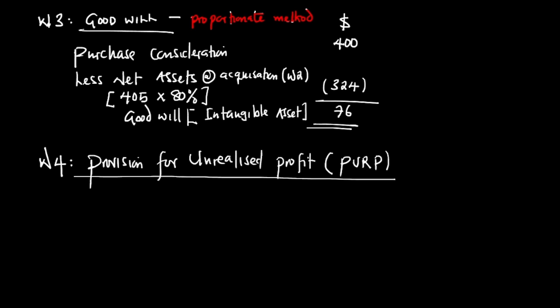But if you are told that by the year end, the subsidiary still kept that inventory, it means that profit is not yet realized, because these goods are still traceable. They are still within the group. The principle states that as long as goods are within the group, there is no realization, because at the end of the year, when you are consolidating, the parent will get its total inventory and add to that of the subsidiary.